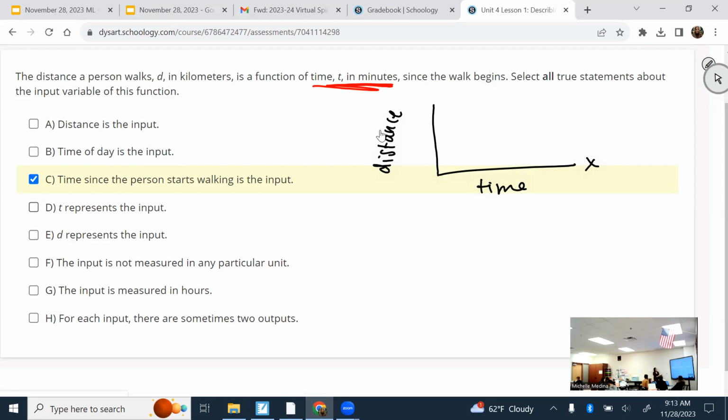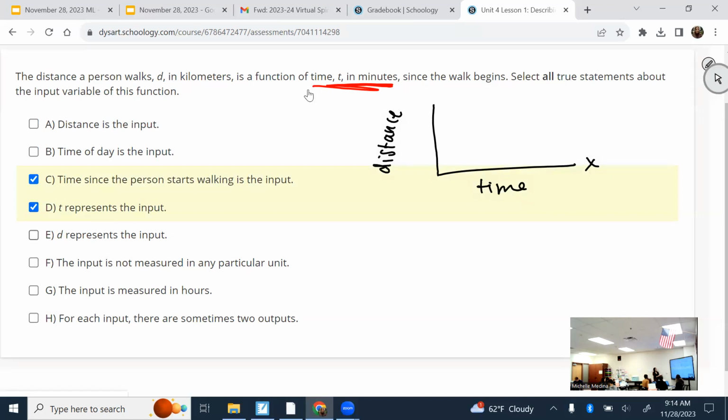Would T represent the input? Okay, why no? Okay, good. So even though we normally associate inputs with X, they might use other letters, but whatever they tell you, if it's your input, that's it.